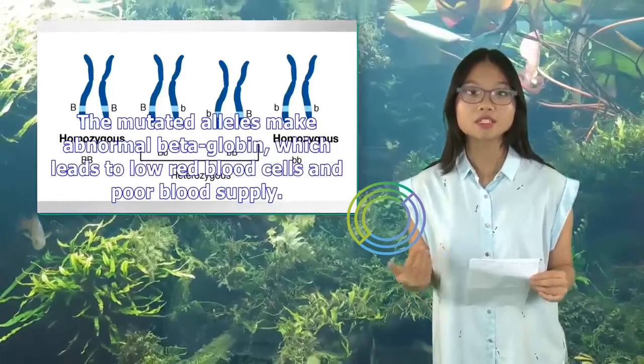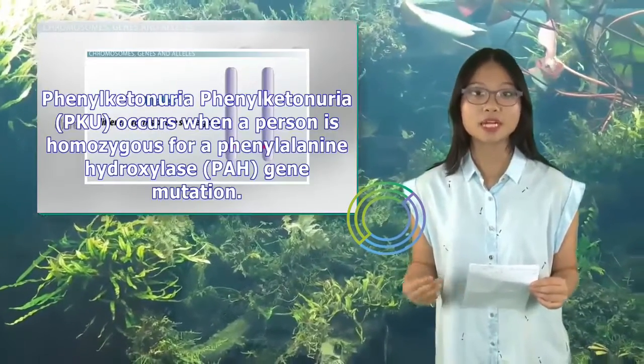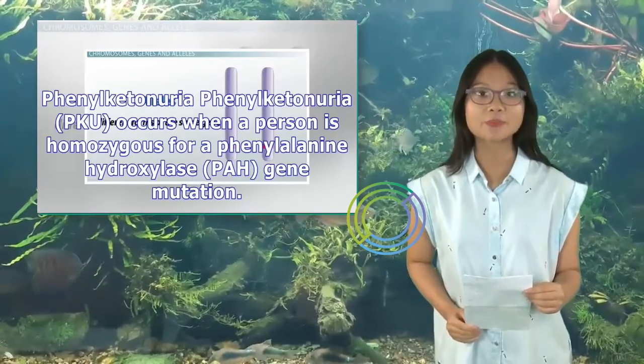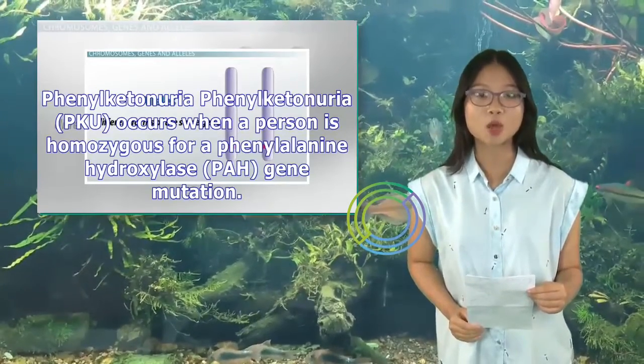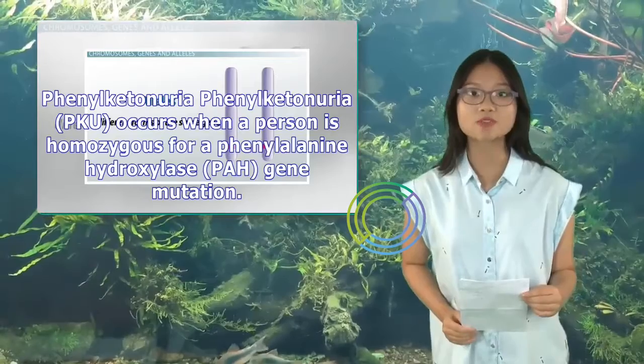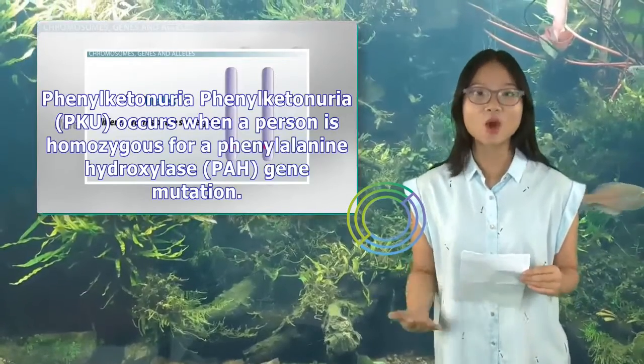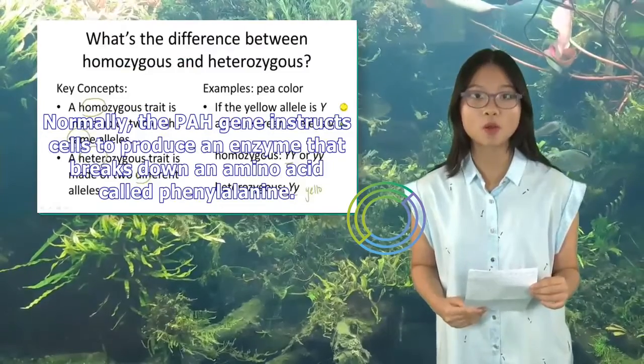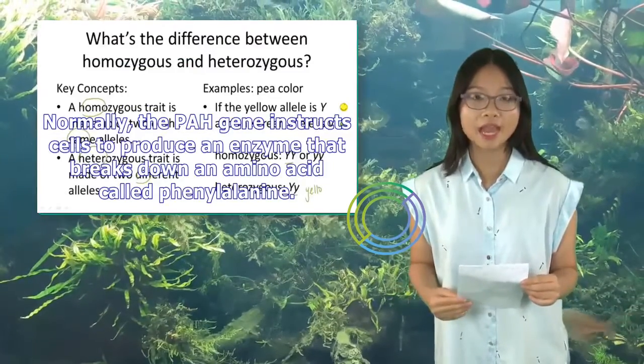Phenylketonuria. Phenylketonuria, PKU, occurs when a person is homozygous for a phenylalanine hydroxylase (PAH) gene mutation. Normally, the PAH gene instructs cells to produce an enzyme that breaks down an amino acid called phenylalanine.